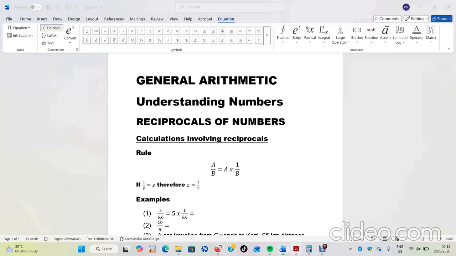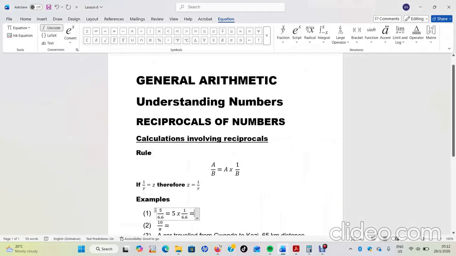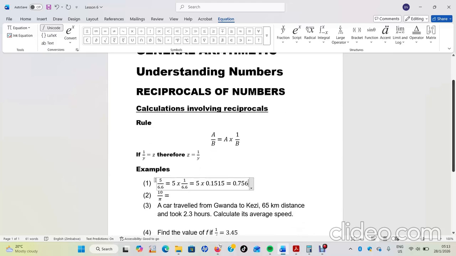Once you do that, you can go to the tables and look for the reciprocal of 6.6 on the x column. You check next to 6.6, there is 0.1515. So we then have 5 times 0.1515, which is equal to 0.756.